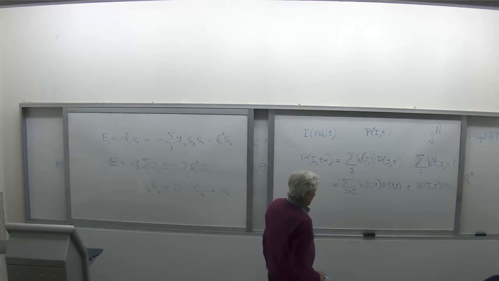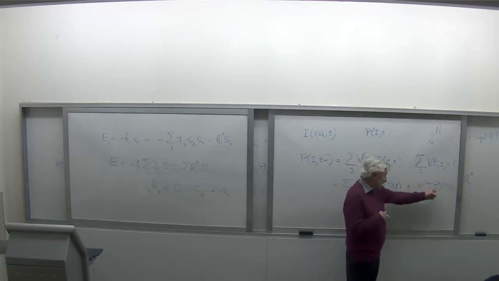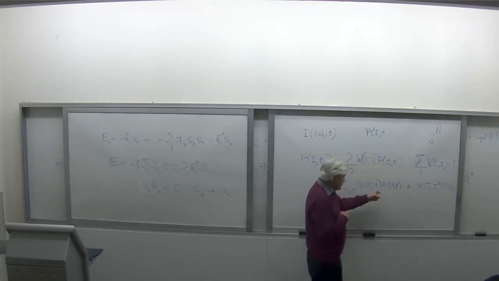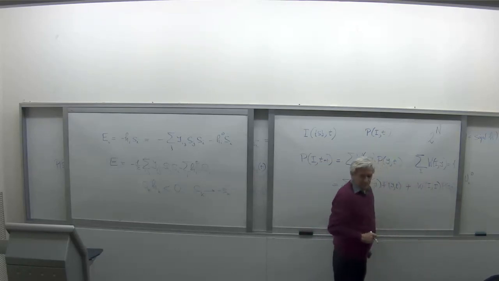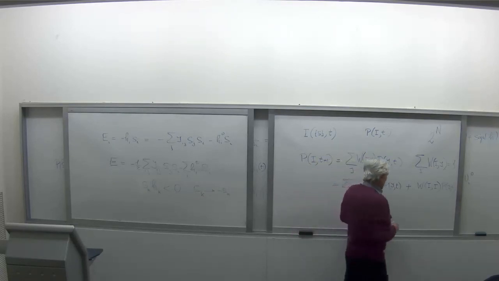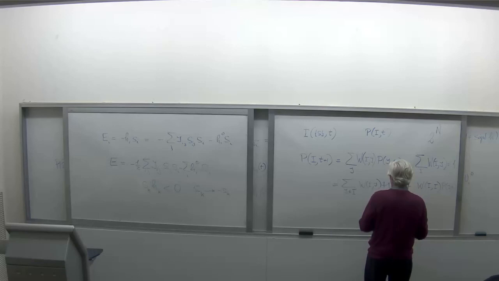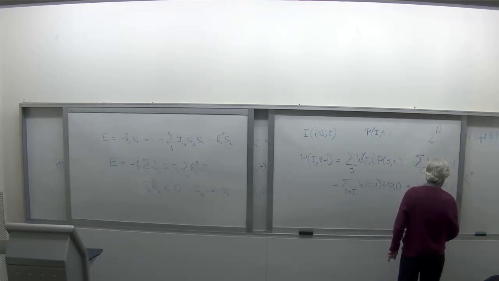This is the way I want it, because I sum here over j. So this is the term where j equals i. Here I excluded the term j equals i. Here I include the term j equals i. The left element should be P_i. You are right, yes.